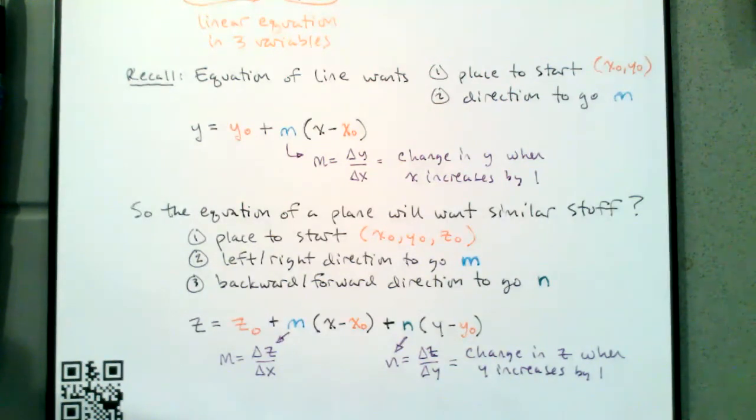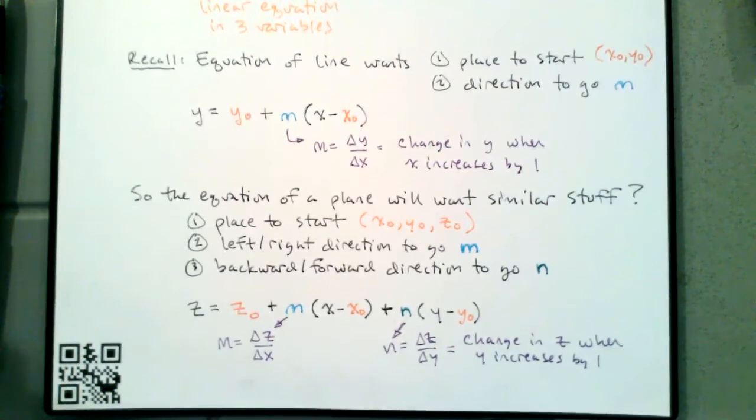How does z change in the x direction, and how does z change in the y direction? We need to know how z changes in each of those directions. Any questions before we turn the page, since we're out of space?